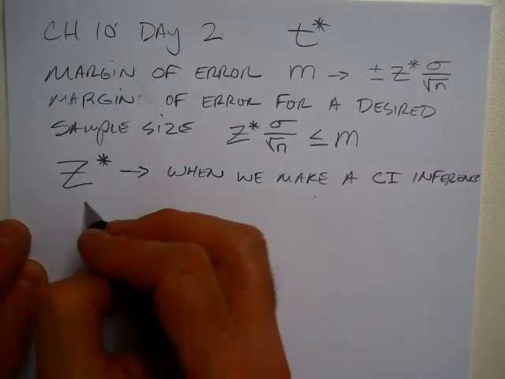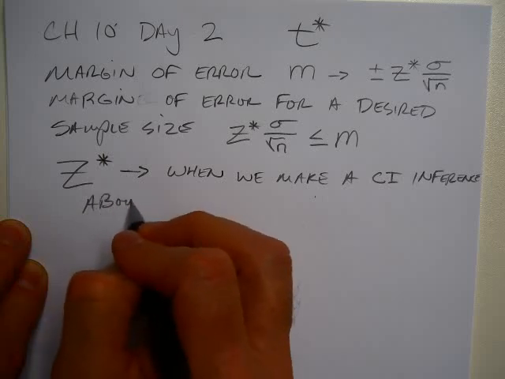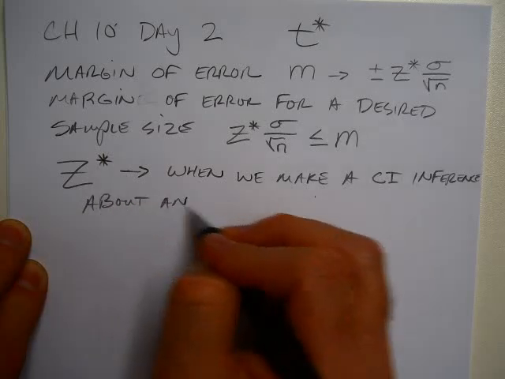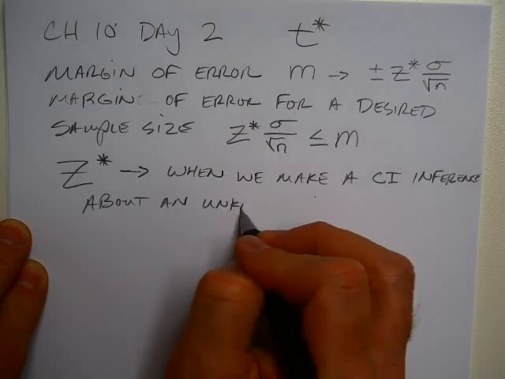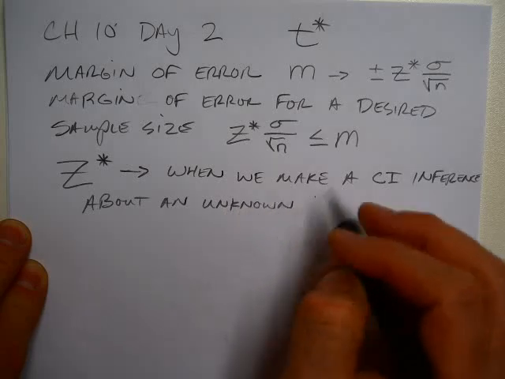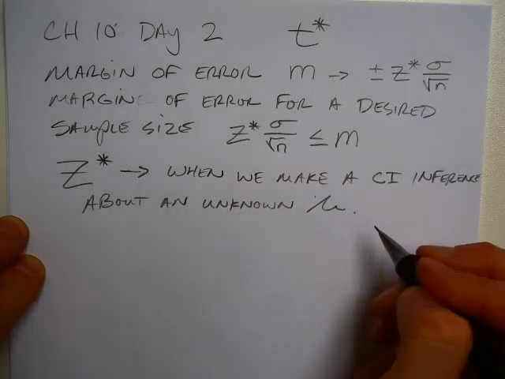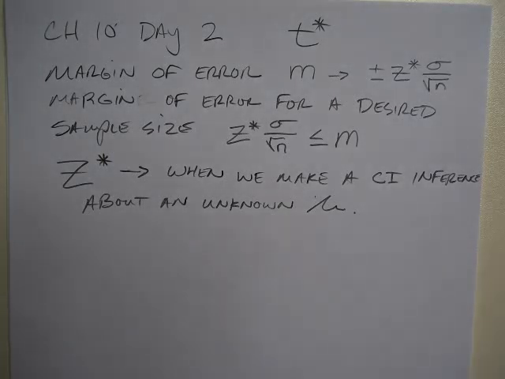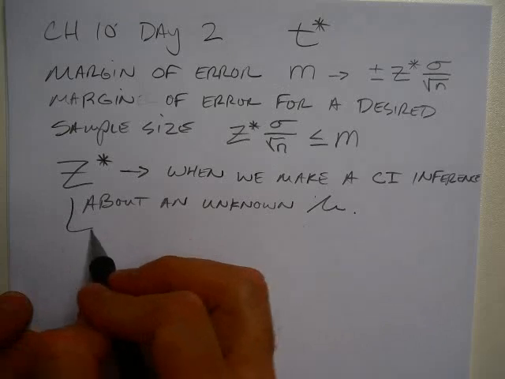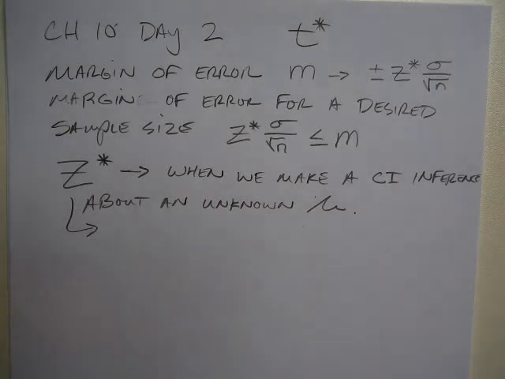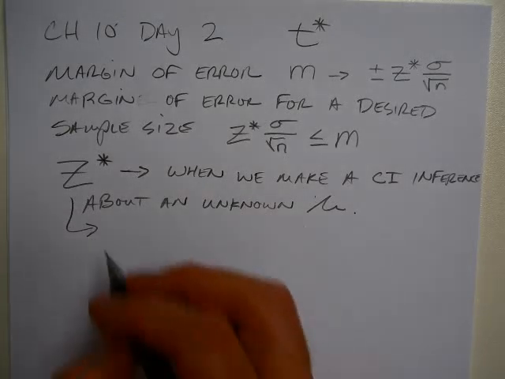Run out of space there. And on top of that, Z star is used when sigma is known or given.